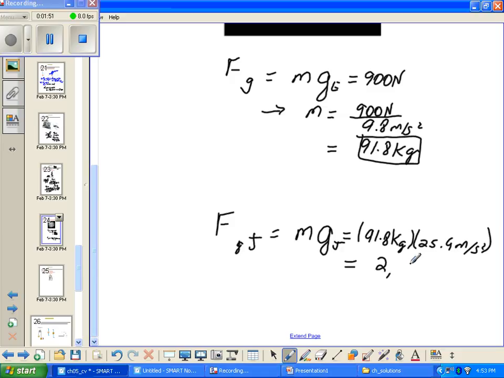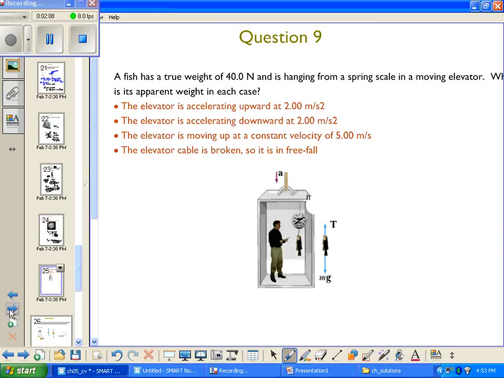This gives us a value of 2,380 newtons. So this is what he would weigh if he could stand on the surface of the planet Jupiter, which of course he can't because Jupiter is a gaseous planet.